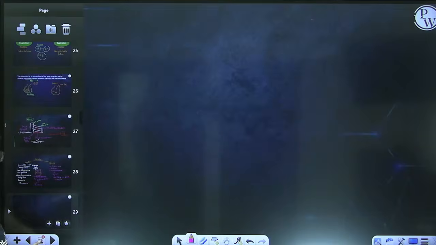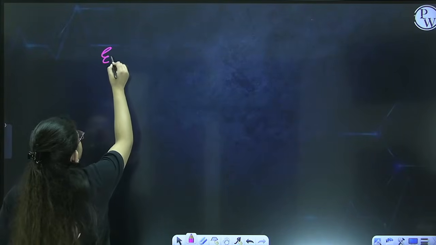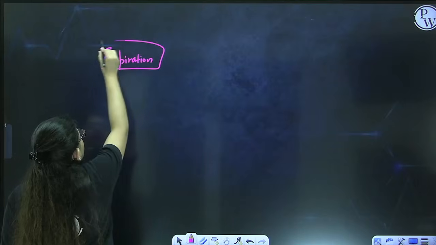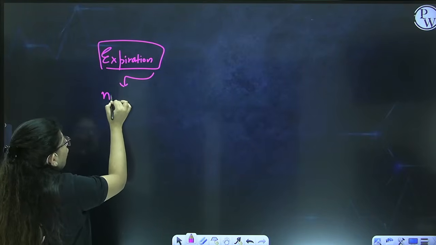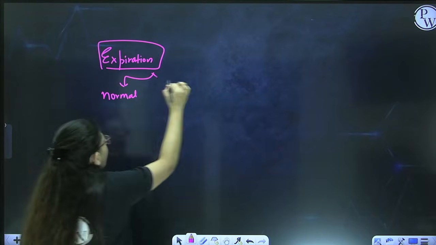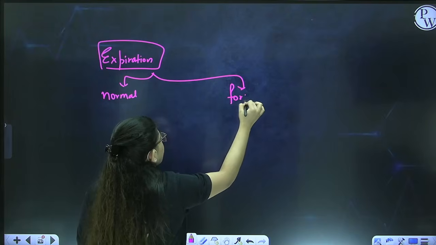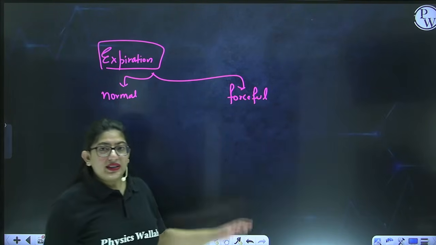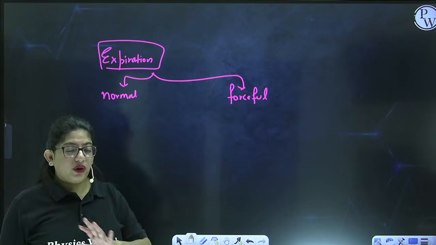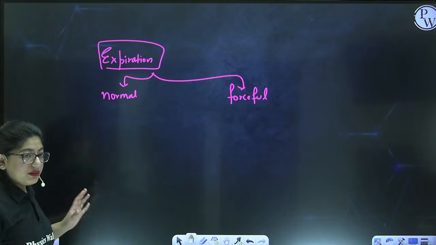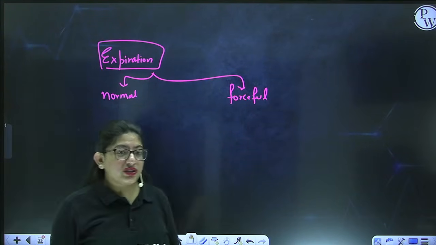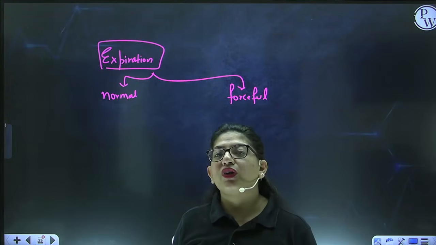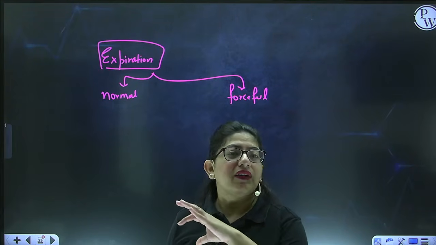Let's talk about expiration. What happens in expiration? Again, expiration is of two types. One is your normal, like you're doing right now, and one is forceful. So whenever you are exhaling normally, you are not putting in any effort. Whatever muscles of your inhalation have been contracted, whether they are of the forceful or of the normal inhalation, they will relax.